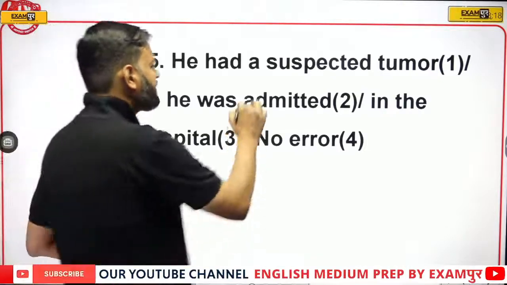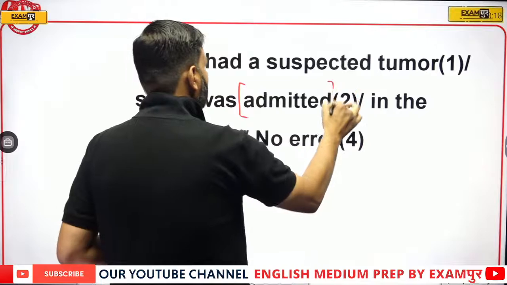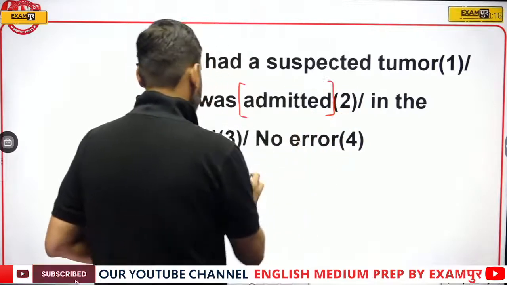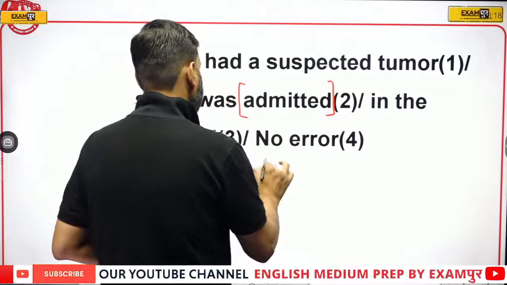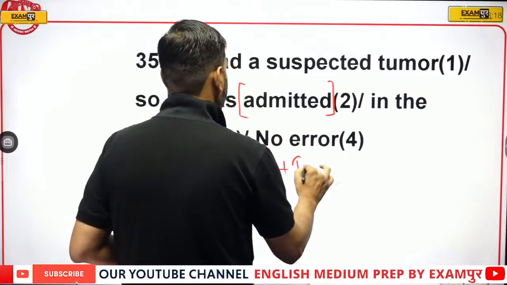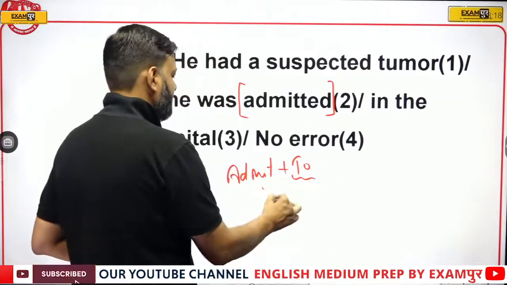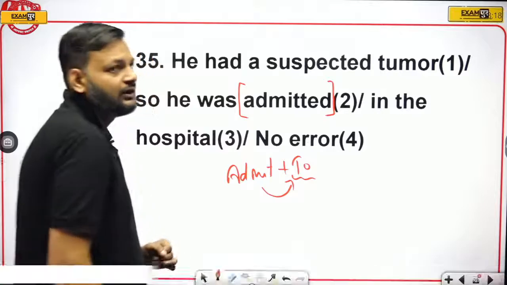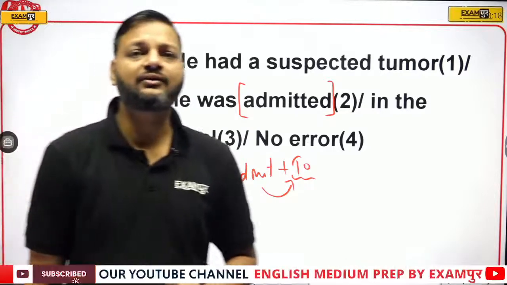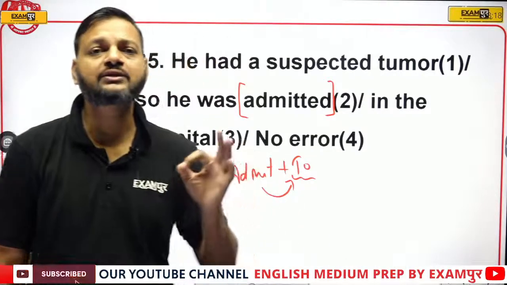See, the word admit is always followed by to. Okay, admit is always followed by to. See, I have told you several times that there are fixed prepositions that you must learn.